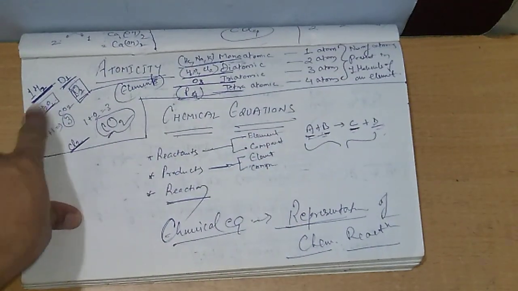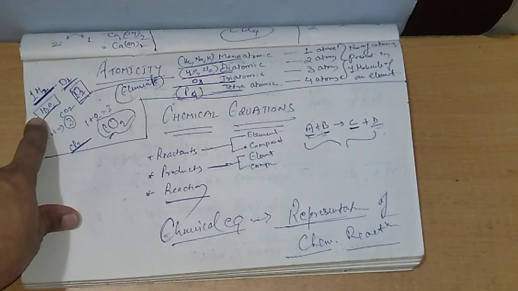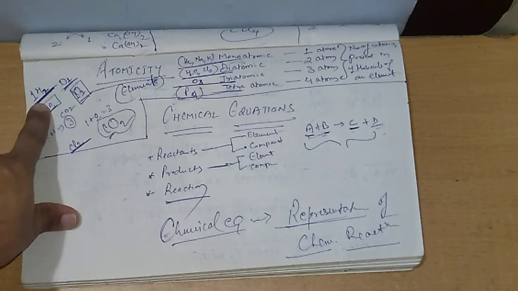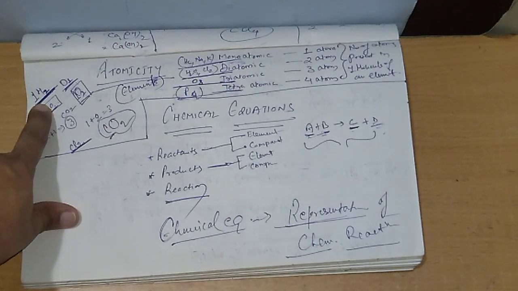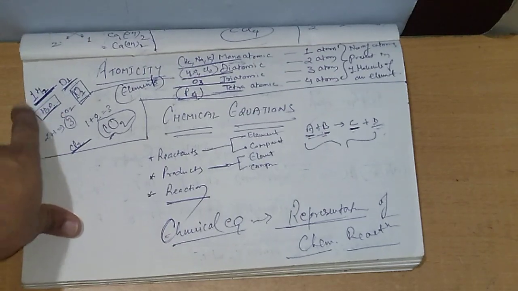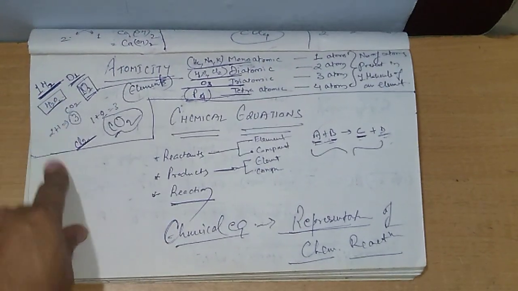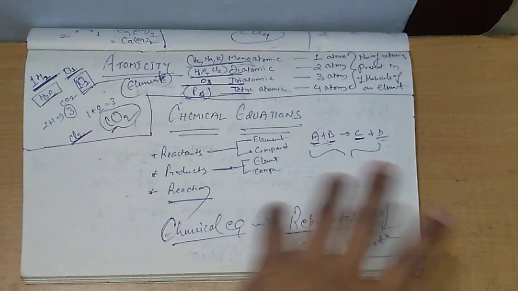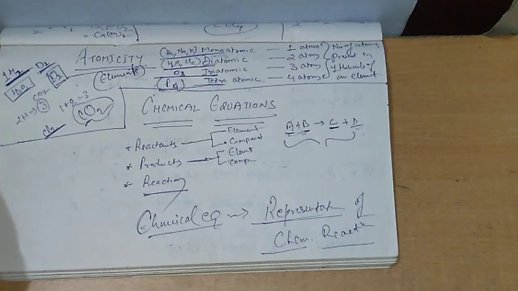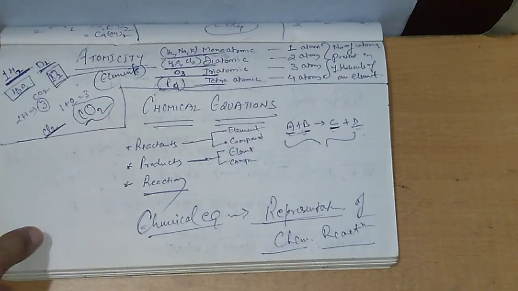Like H2O: in H2O the atomicity of hydrogen is 2, that is the diatomic state, and the atomicity of oxygen is 1 in this stable compound, clear. So this is how we can tell the atomicity of a particular element in the form of an element or a compound.